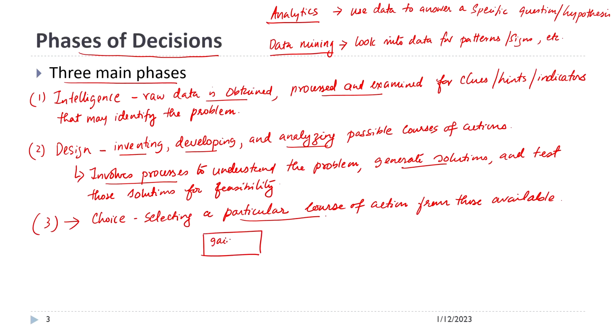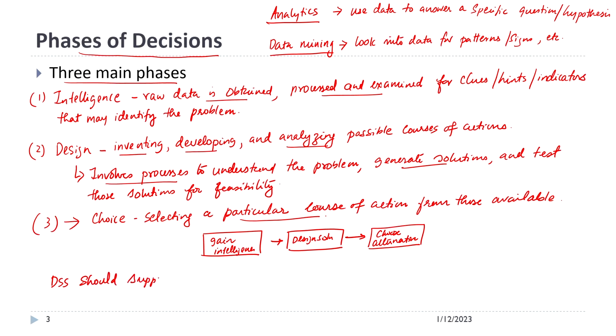So, it is like you gain intelligence, then you design solutions, and then you choose an alternative. Sometimes people do it that way, but the DSS should support all phases of decision making.